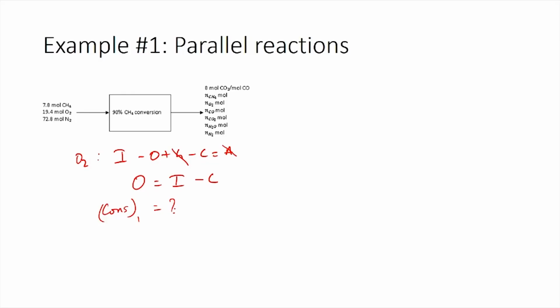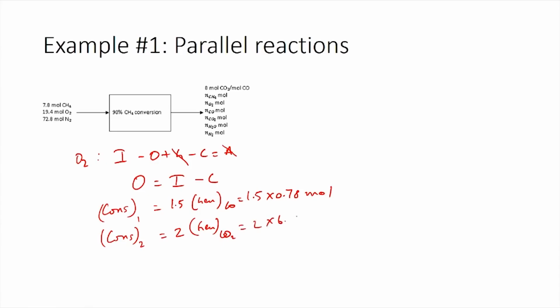So using that, we can calculate the consumption of oxygen in the first reaction as 1.5 times the generation of carbon monoxide, which would be 1.5 times 0.78 moles, and consumption of oxygen in the second reaction would be equal to 2 times the generation of carbon dioxide, which is 2 times 6.24 moles.